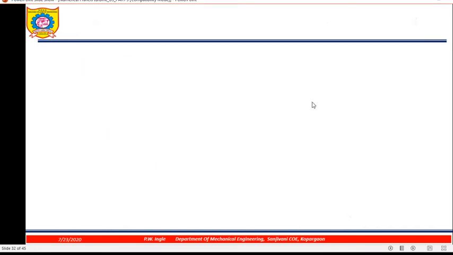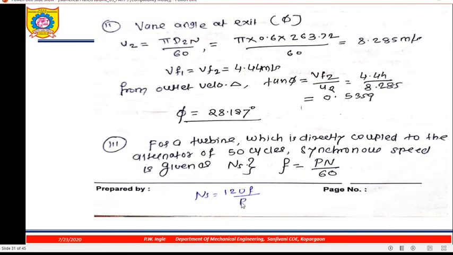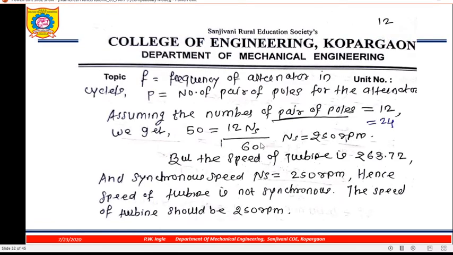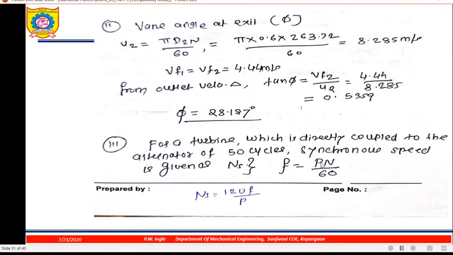You can take the equation for one pole, or this equation for pair of poles. So assuming the number of pair of poles as 12, or you can take 24 poles. If you are taking 24 here, here you should take 120. This is very important. If you are taking pair of poles as 12, then number of poles is 24. This equation is for a single pole and this equation is for a pair of poles.